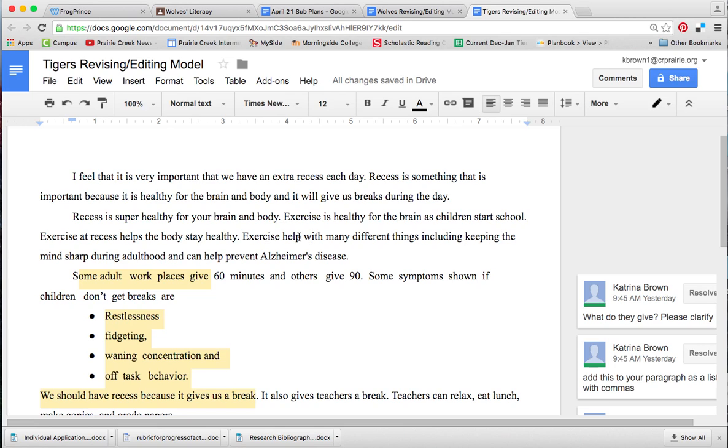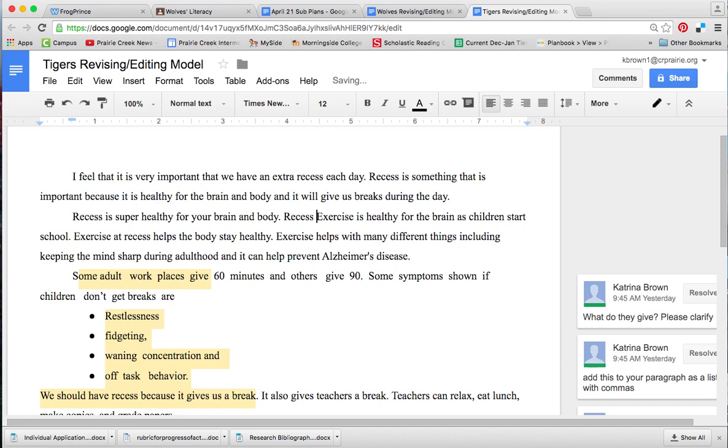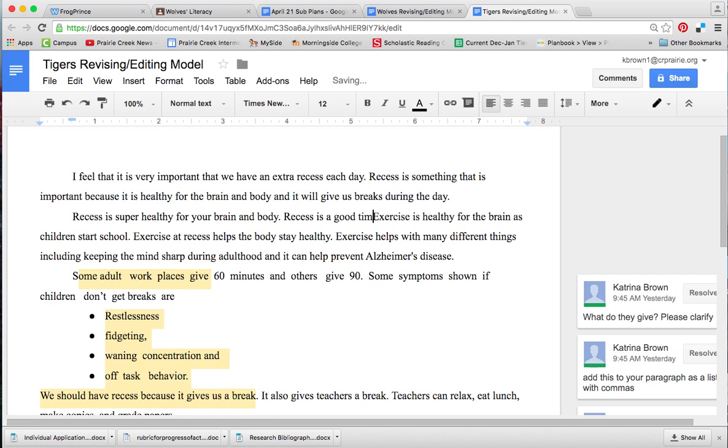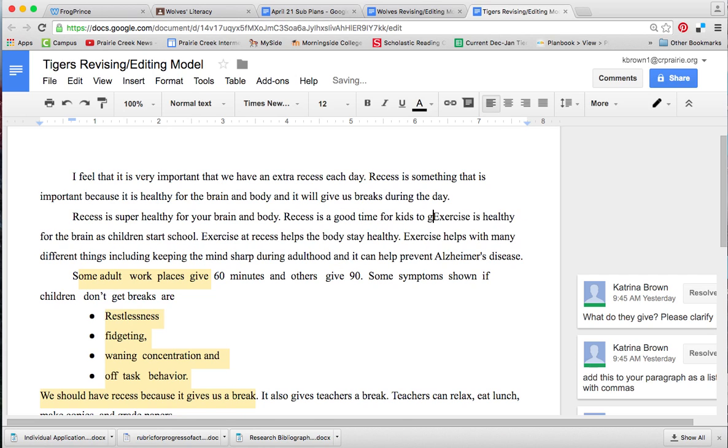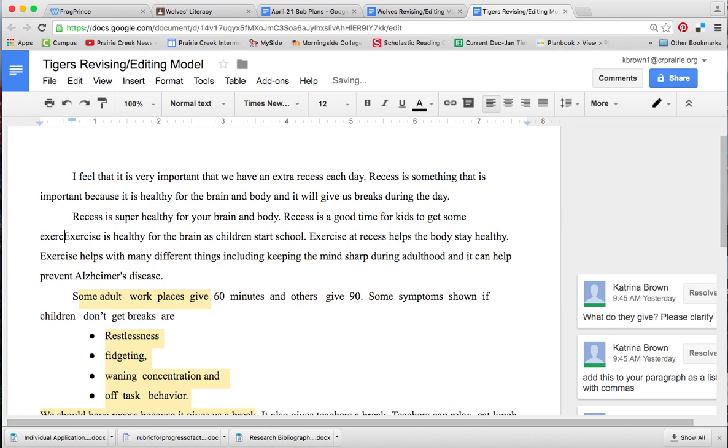Exercise helps with many different things, including keeping the mind sharp during adulthood, and I'm going to say it can help prevent Alzheimer's. Now, I feel like I need a little bit of a transition between this recess and exercise, so I might say something like, recess is a good time for kids to get some exercise.